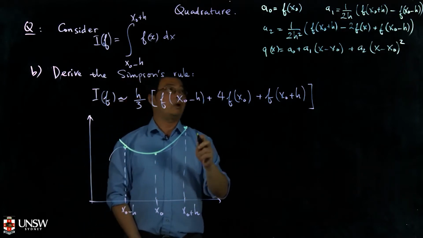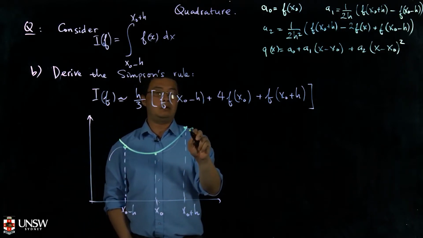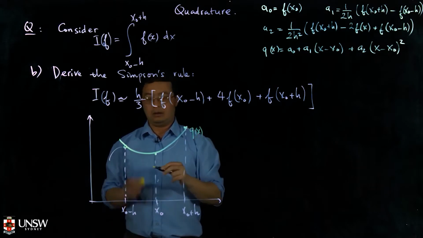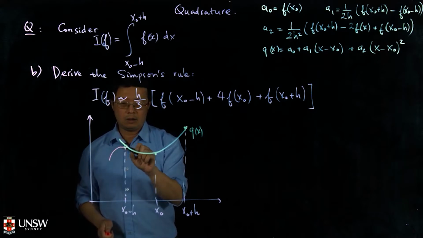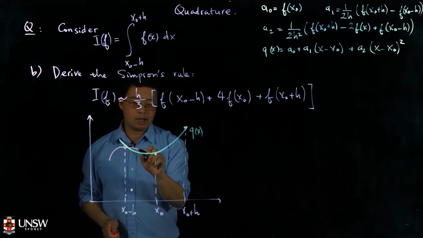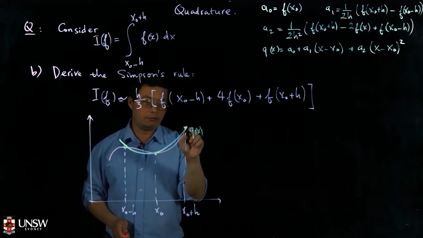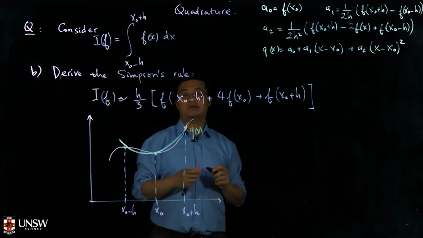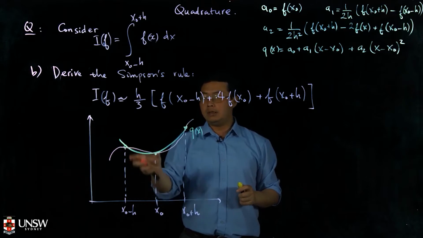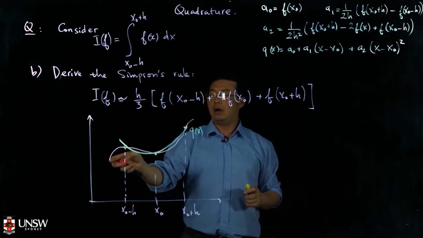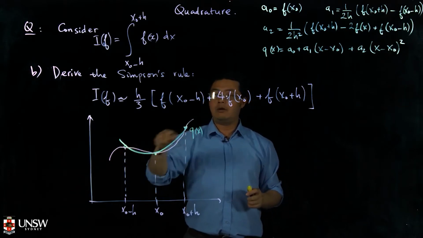This quadratic curve is Q(x). It might not be the same as the function f, but it goes through the 3 points, yeah? And the area under the quadratic curve is used to approximate the area under the curve f(x).